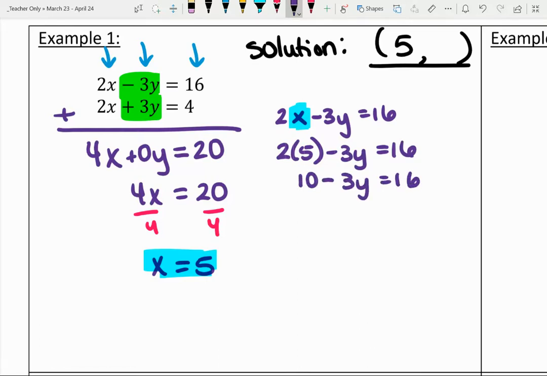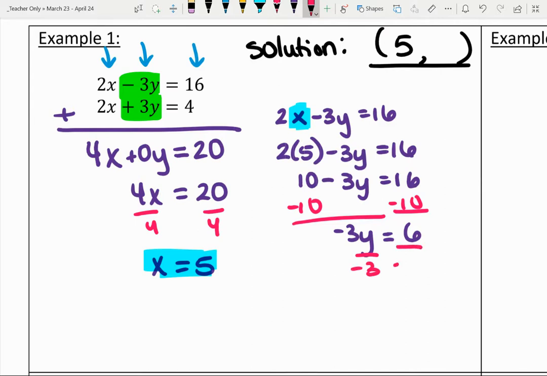I need to get y by itself, so I'm going to subtract 10 from both sides, and that will give me negative 3y is equal to 16 minus 10, which is 6. And when I divide both sides by negative 3, I'm going to get a y value of negative 2. So at the moment, my solution looks to be 5, negative 2.